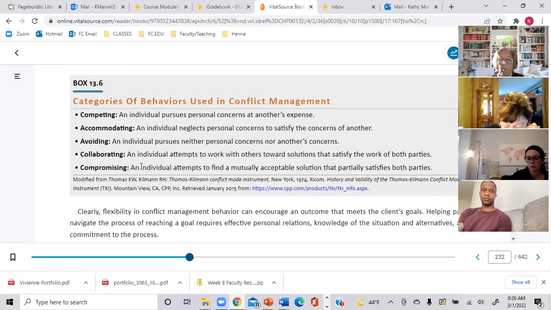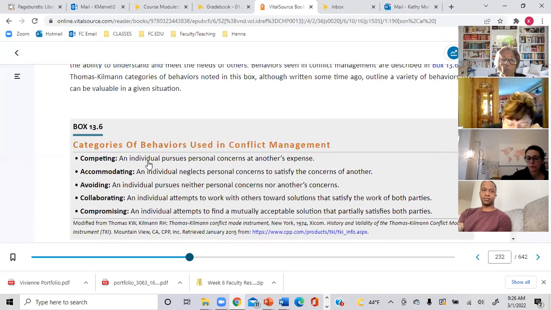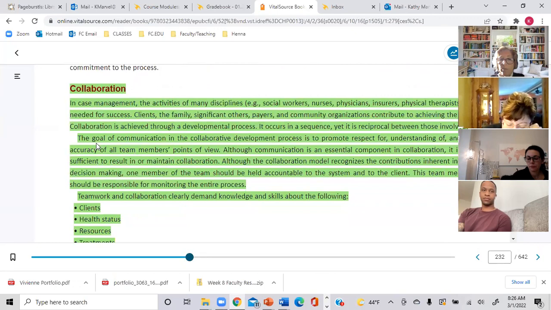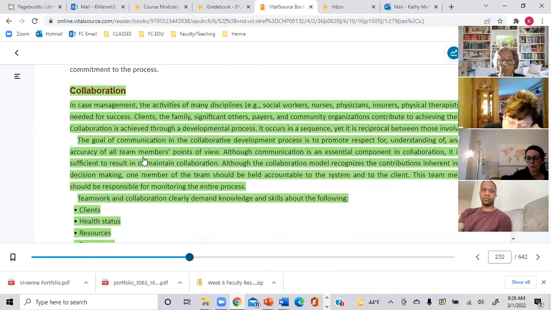Accommodating, avoiding, collaborating, compromising. Okay. And the most important one to me is collaborating, because collaboration is what case managers do. So please have a read through collaboration, page 232.